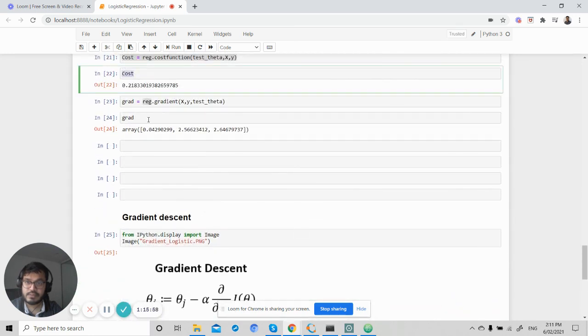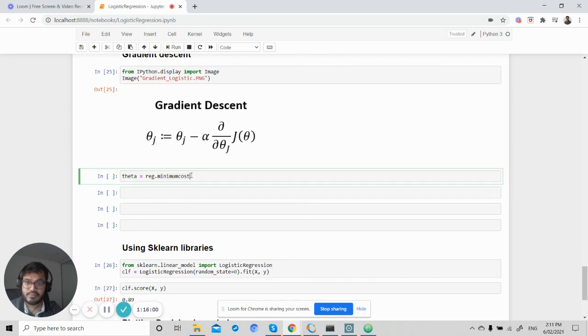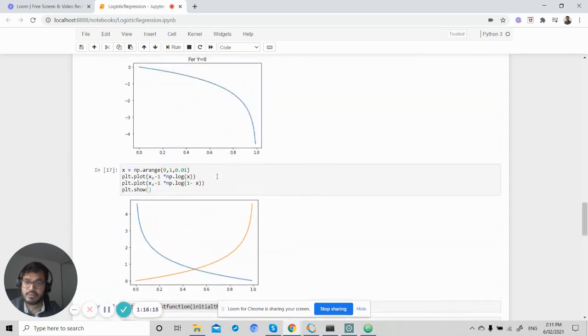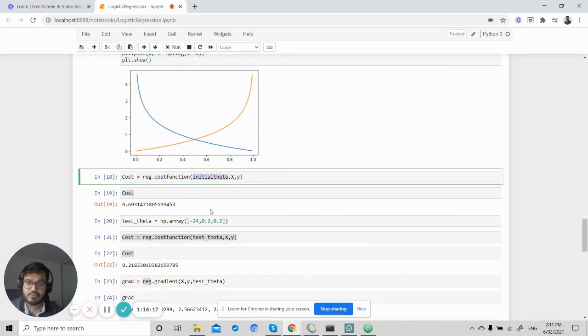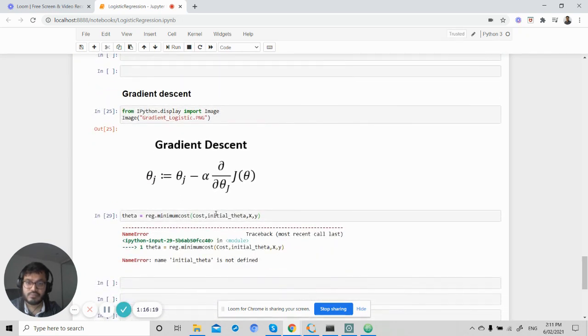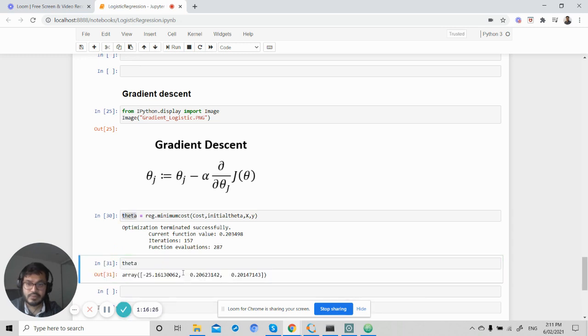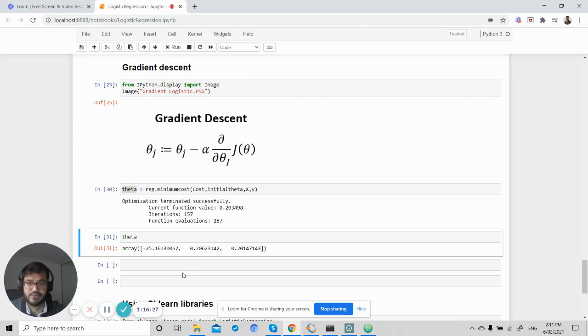We need to pass this cost, comma, initial theta, x, and our initial theta is this. So if you look at theta, this is our final value of theta.